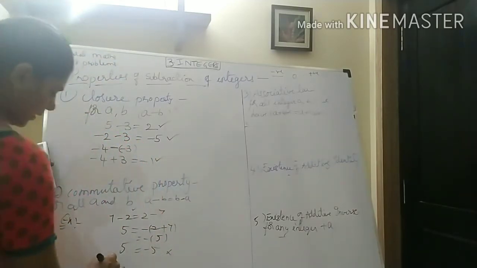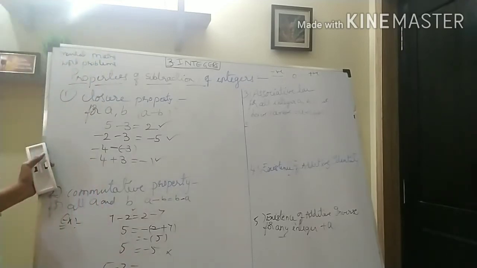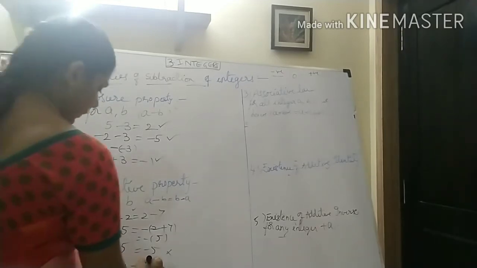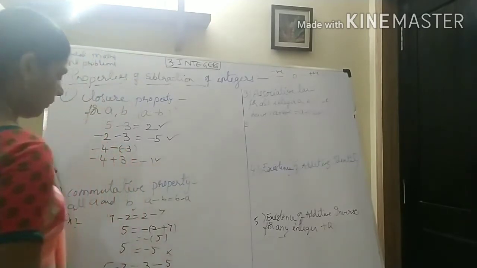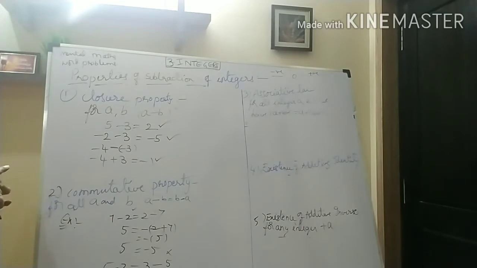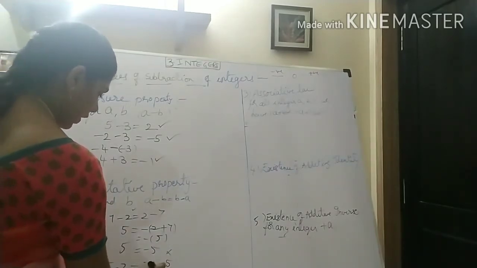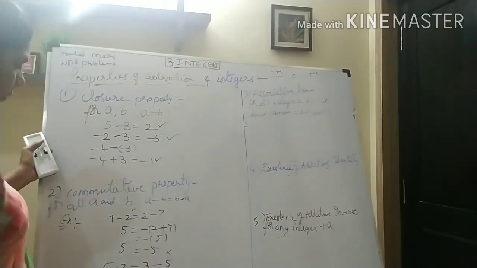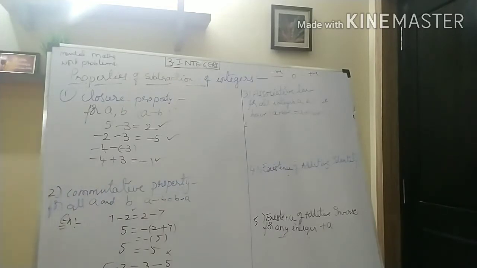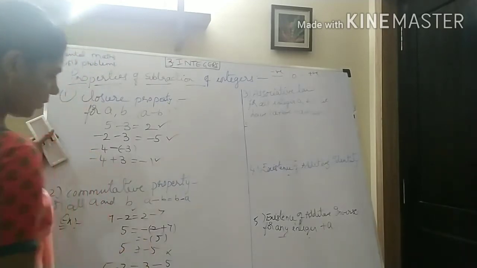See, we will see another example. 5 minus 3 and 3 minus 5. 5 minus 3 is 2, and 3 minus 5 is minus 2. So in both the cases you are getting an integer only, but with a negative sign, so this is not equal.